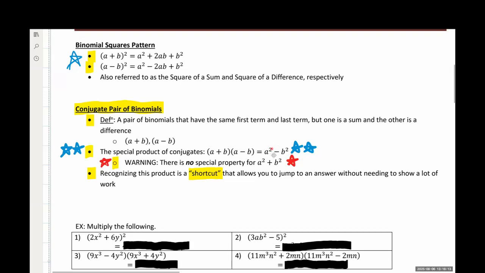And I have nothing showing up in the middle like I would with these other two problems. Again, if you wanted to see how and why this plays out, you would just use the distributive property. You would do a times a, and then a times negative b, b times a, and b times negative b. You would combine like terms and see that things cancel out. And there we go, we have our final answer.